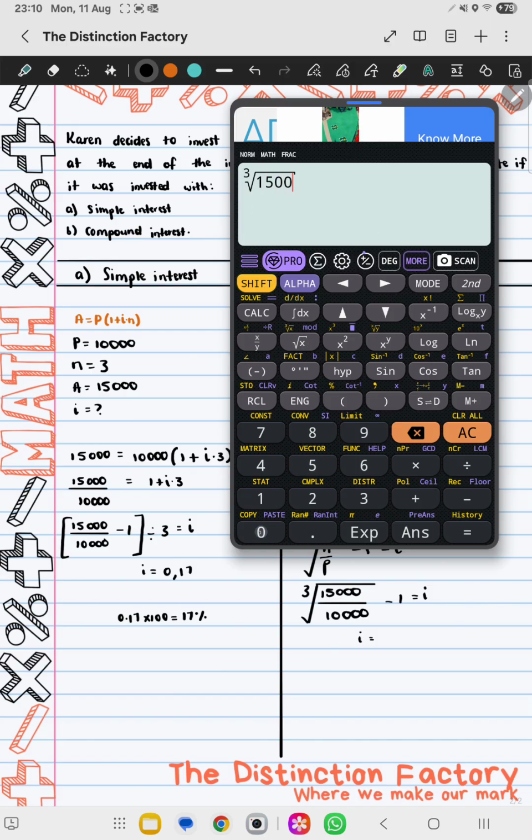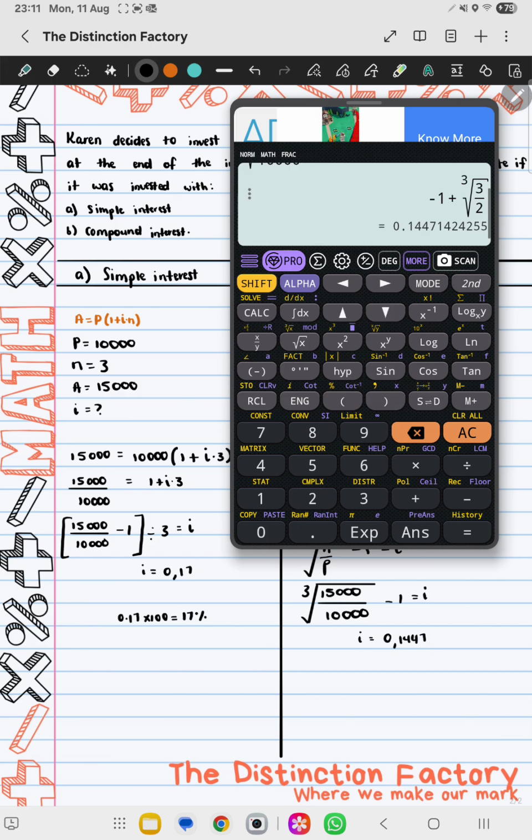And then I've got my 15,000 and fraction button to make it over the 10,000. Then I press right once, but that just exited the fraction. I still need to exit the root, so I press it again and I've got my negative 1. And that gives me an answer of 0,1447.